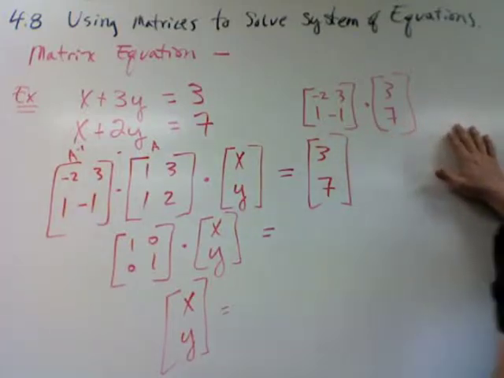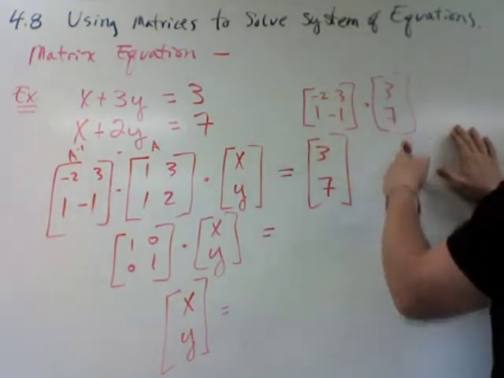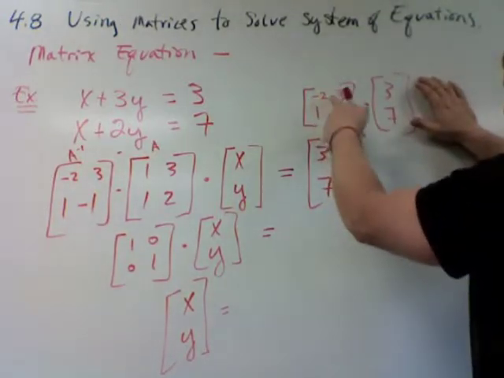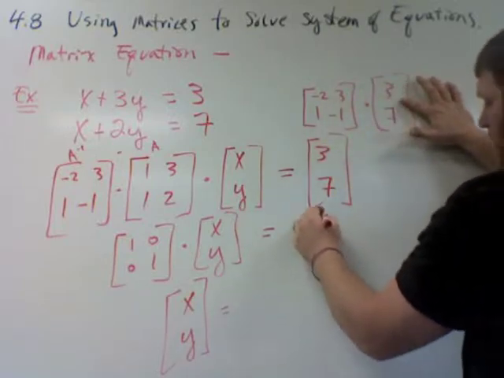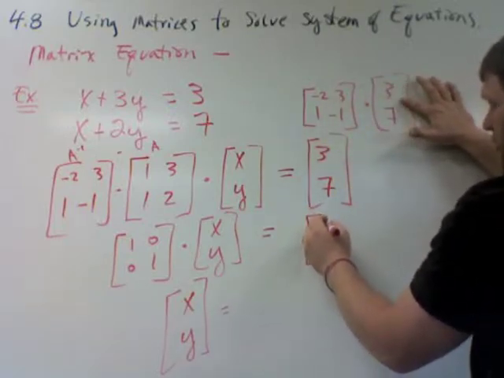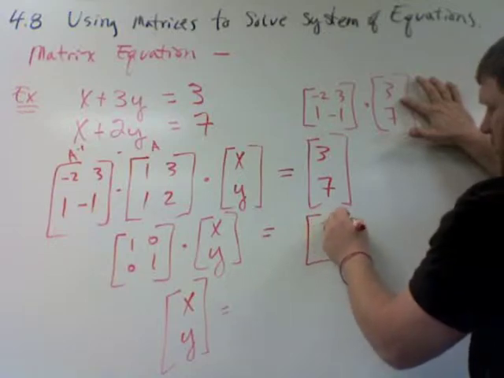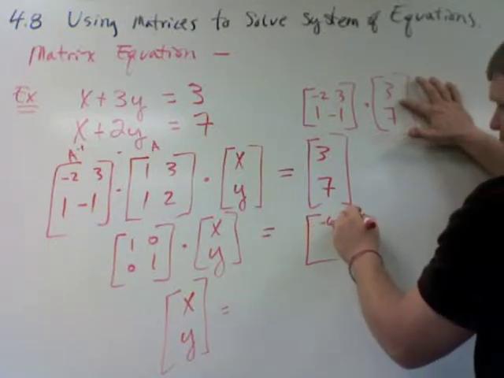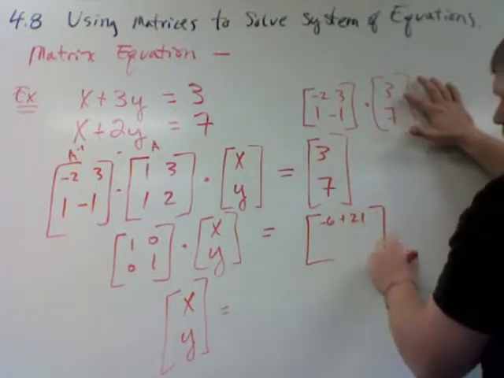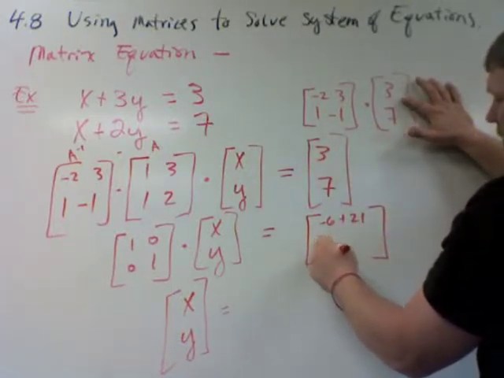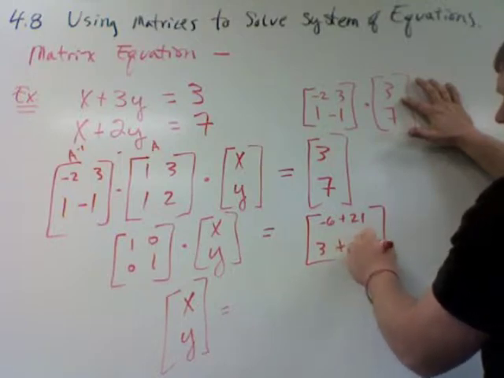So, doing the math, row times column: -2 times 3 is -6, plus 3 times 7 is 21. And then row times column, it'd be 3 plus a -7.